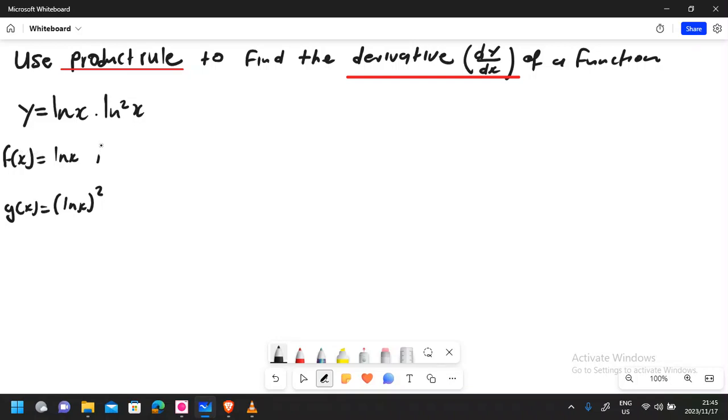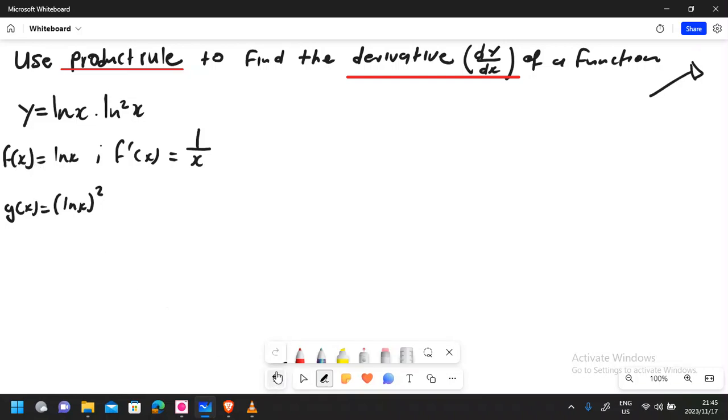If you find the derivative of f of x, which is going to be f prime of x, it's going to be 1 over x. Remember, this is a natural log guys, Napierian logs. So you can go to this video here to watch the general formulas that we use to differentiate.